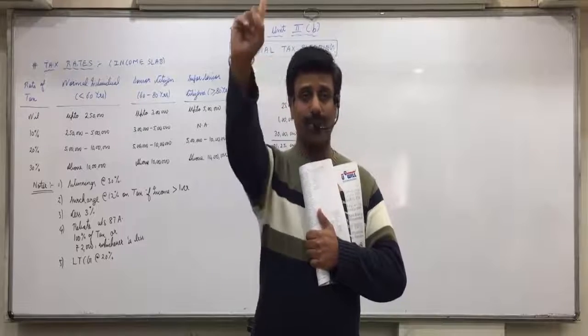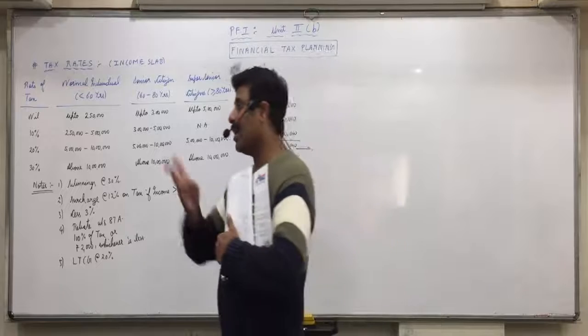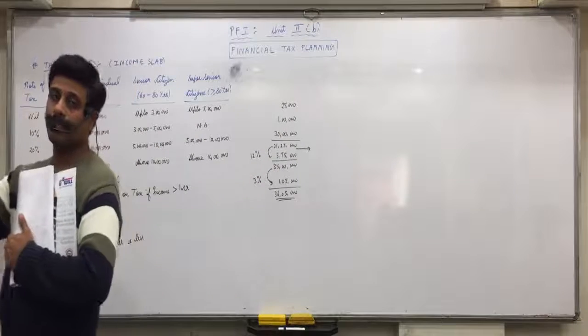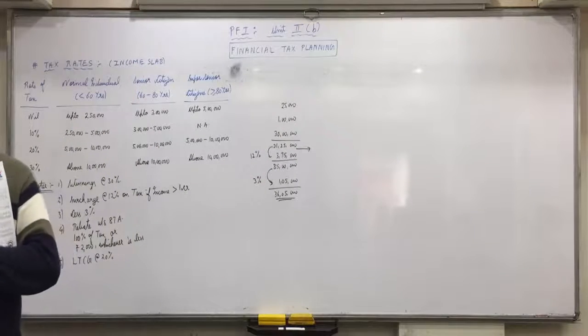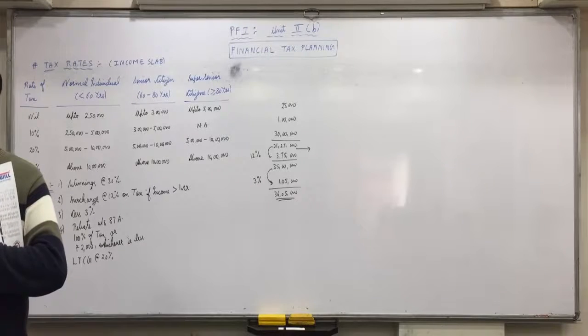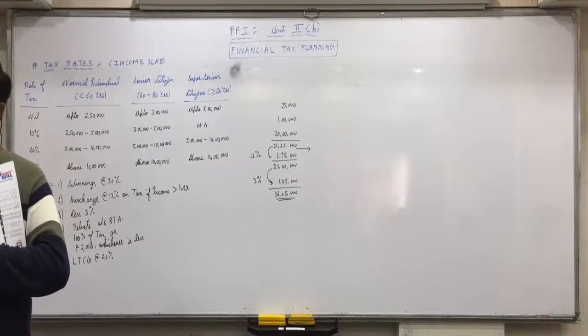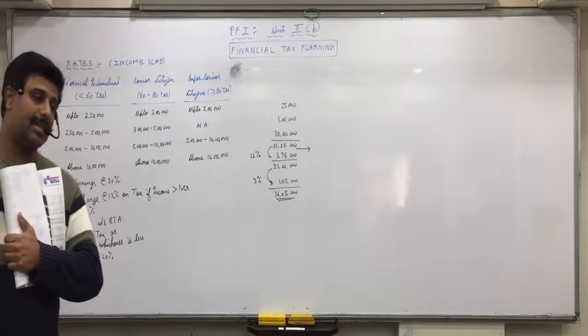Repeat. Life insurance premium, contributions, housing purpose, tuition fees, then cumulative time deposit scheme, then equity linked savings scheme, and senior citizens savings scheme.